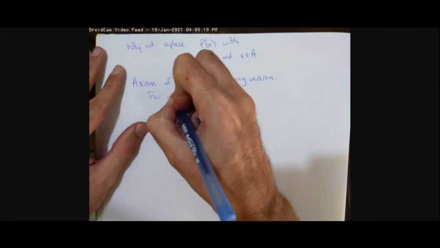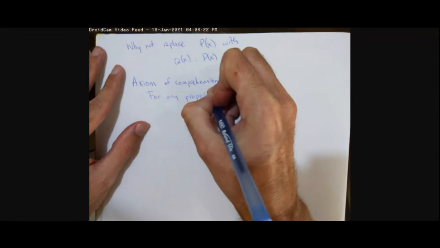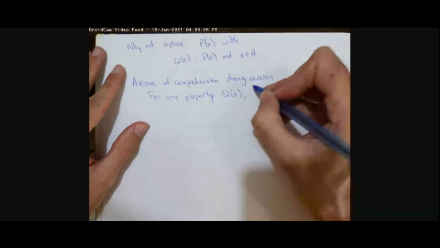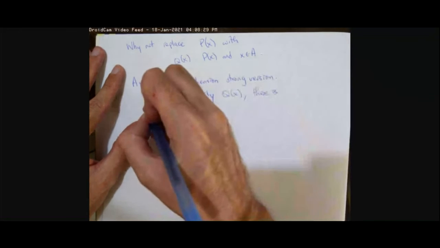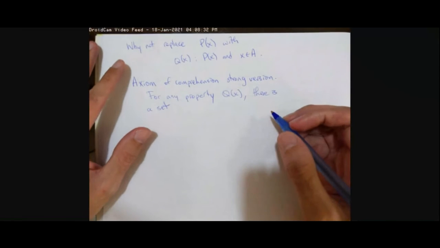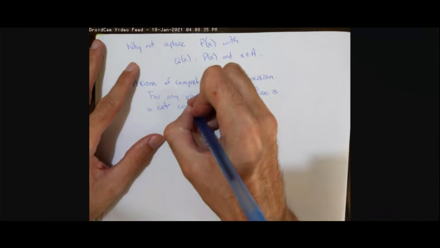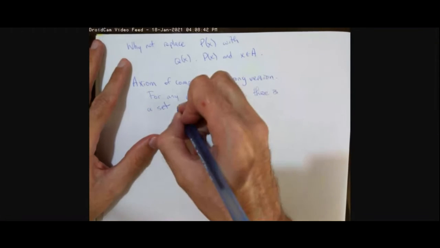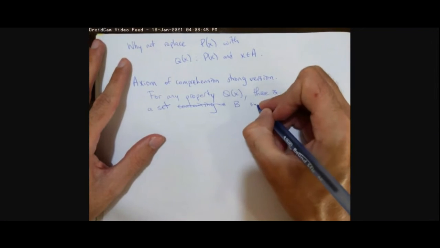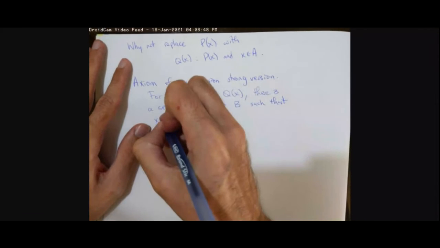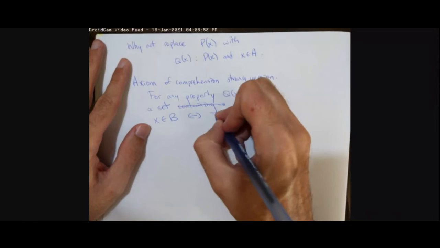And the strong version is: for any property, there is a set B such that X is in B if and only if Q of X. And this axiom, you know, it seems better.